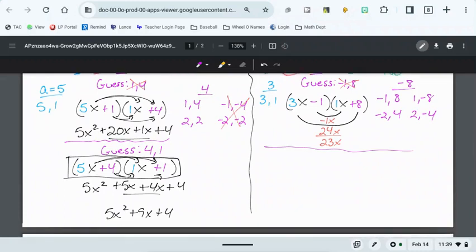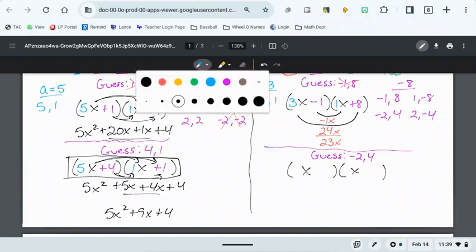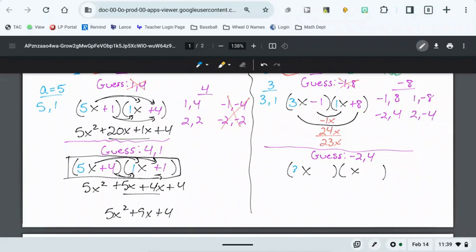So let's try it one more time. Let's go down the list and try negative 2, 4. Okay, so we have our setup. We still have 3 and 1.